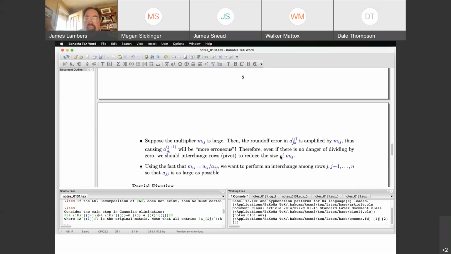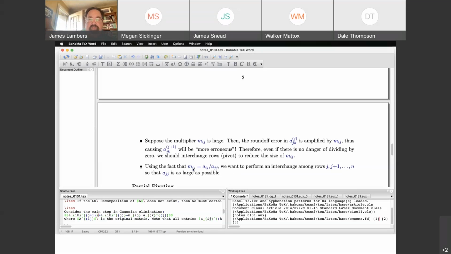So to make sure that rounding error doesn't unduly affect Gaussian elimination, you want to try to keep the multipliers m_ij small. That way, whatever error you have in previous computations is not unnecessarily amplified.